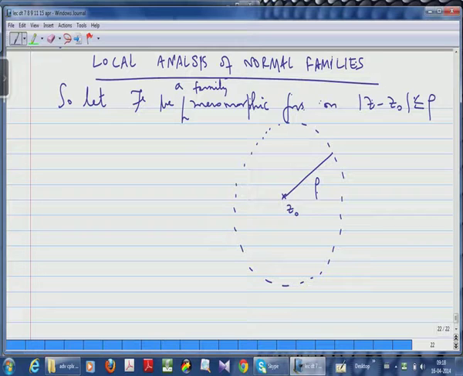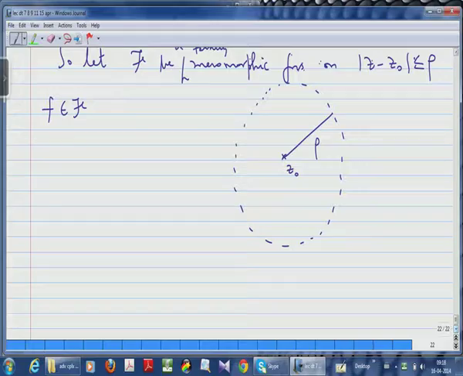You give me a function small f in the family script f, and what I want to do is analyze this function in that small disk. How do I do it? I have to look closer at the small disk. So I zoom in, and I zoom in by scaling.